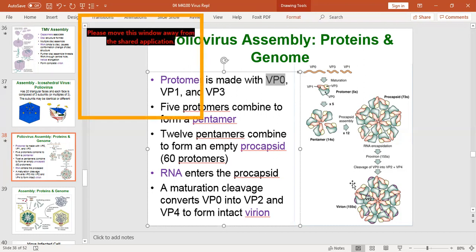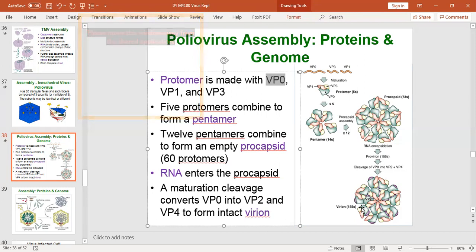At the same time, there would be maturation cleavage of VP0 into VP2 and VP4. So the complete virion contains VP2, VP4, VP1, VP3, and the RNA.